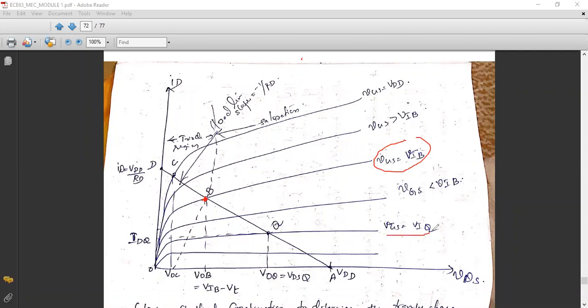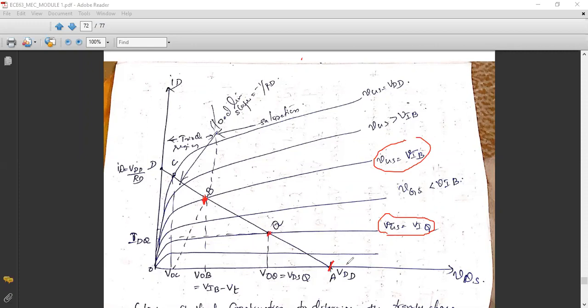Similarly, this is your most feasible VGS at which we can operate this MOSFET as an amplifier. Therefore, I have taken VGS as VIQ, where Q stands for operating point. Now, why have I chosen this as the operating point? Because it should be in the middle of your DC load line, starting from your cutoff region till your saturation region.